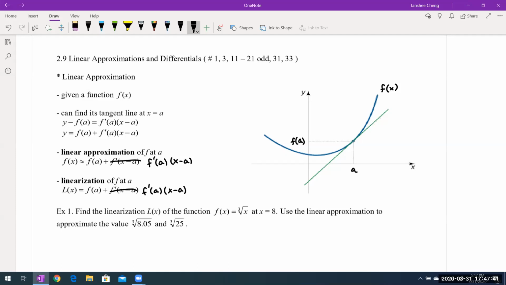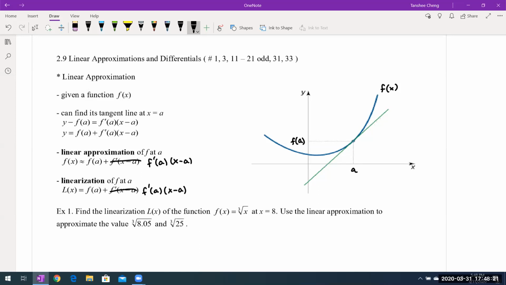So with the point a, f of a and the slope of the tangent line, when I put it into the point-slope formula, that gives me y minus f of a equal to f prime of a times x minus a. By adding f of a to both sides, now I get y equals f of a plus f prime of a times x minus a. That tells me the equation of this tangent line.